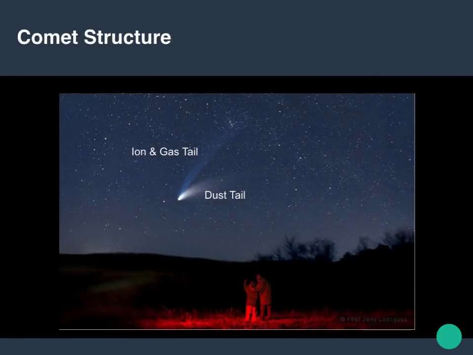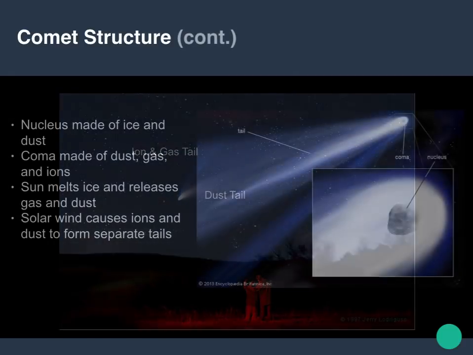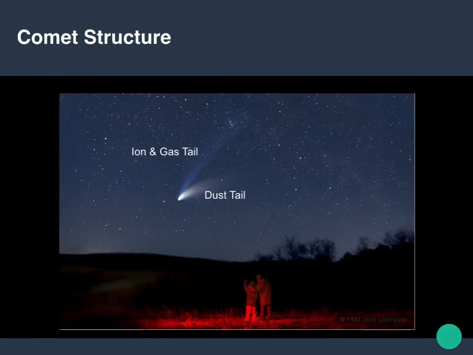So the comet structure, when you look up in the sky, this is what you'll see. You'll see basically this blurry streak. And there'll be 2 tails on it. One is going to be a dust tail, there, and the other is an ion and gas tail.